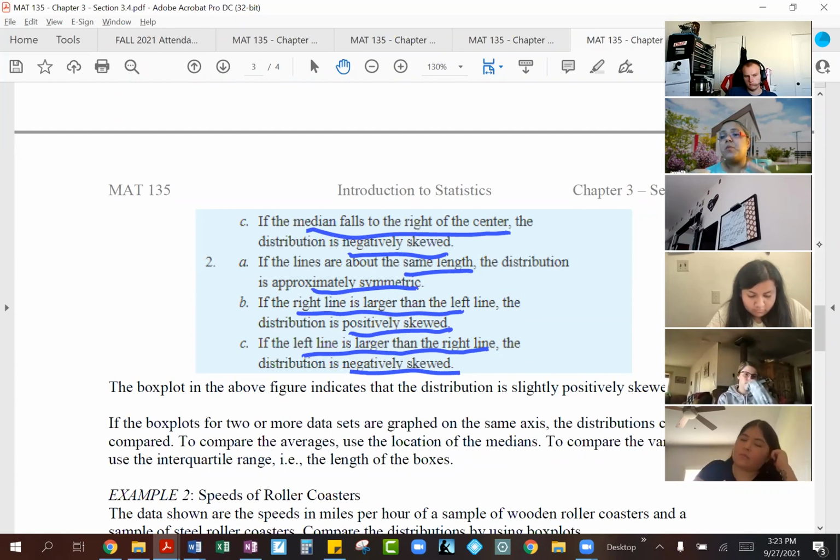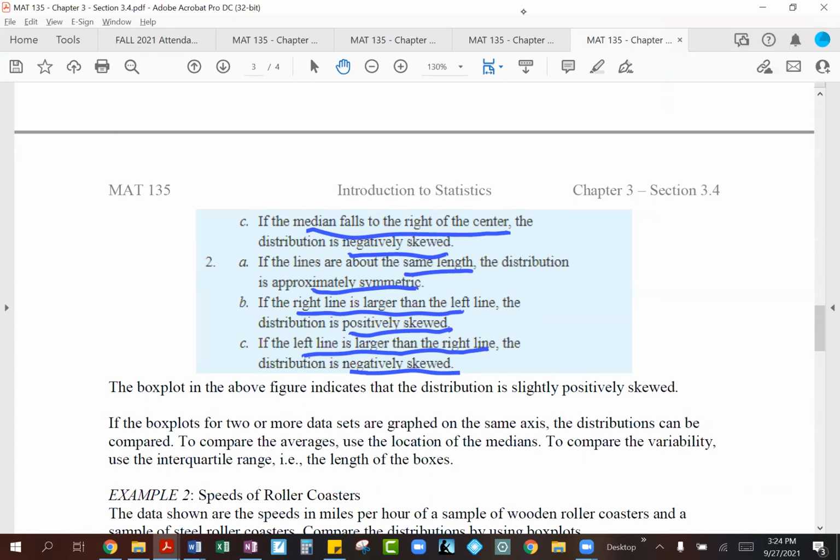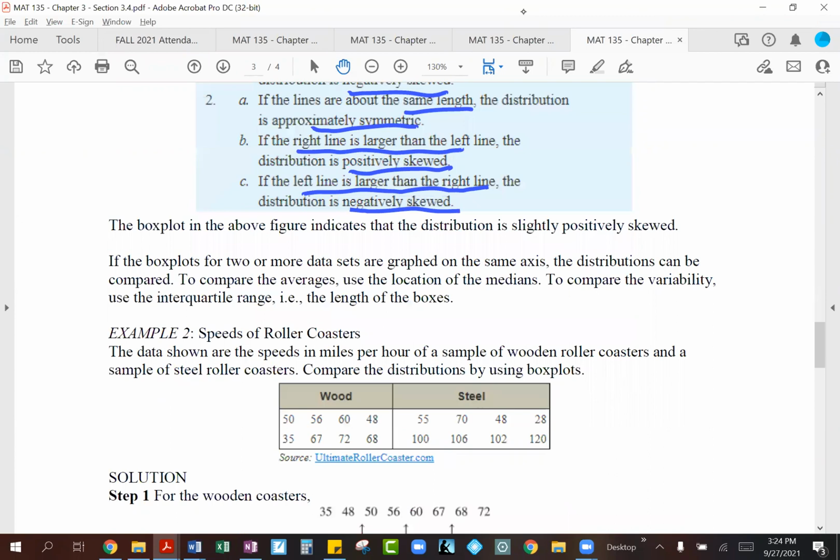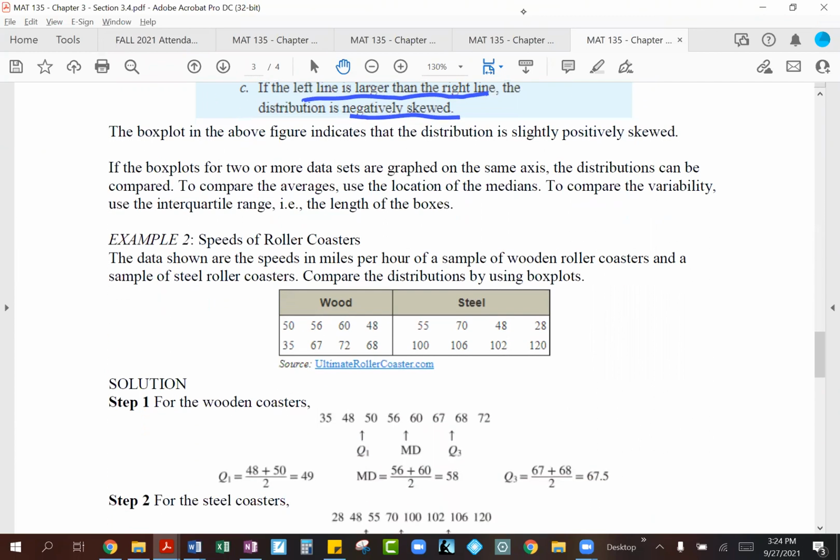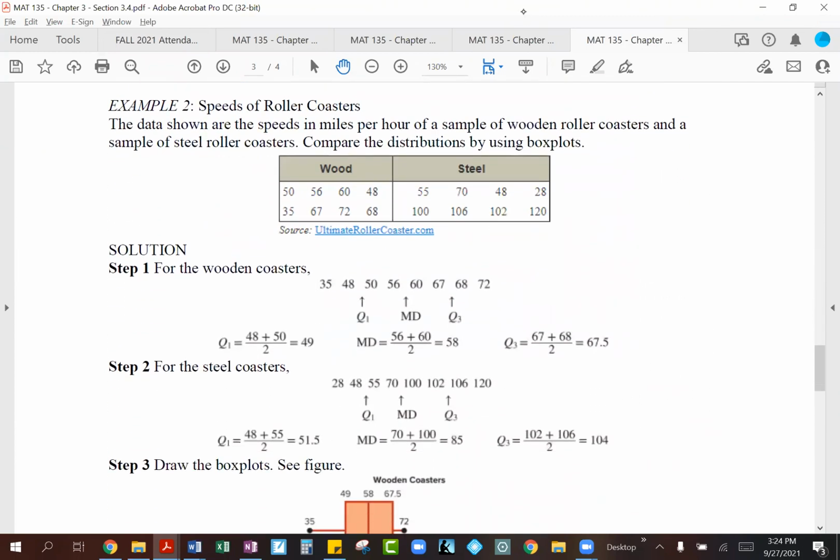But of course, if you want more detailed values, then that's where we get into creating our frequency distributions, creating our histograms, looking at what kind of distribution we have. So you can think of box plots helping us out with that initial part of what kind of shape we have. So they've got different examples in here.